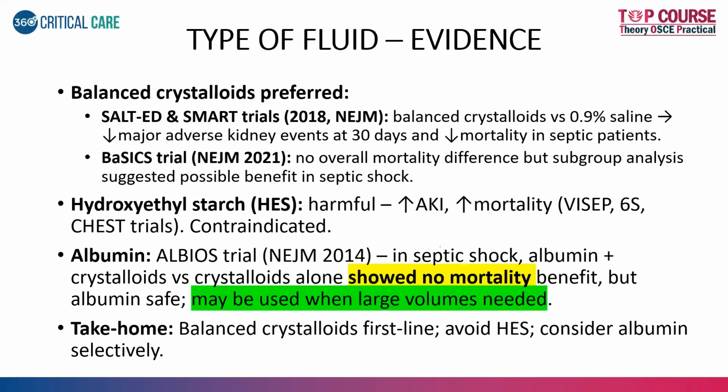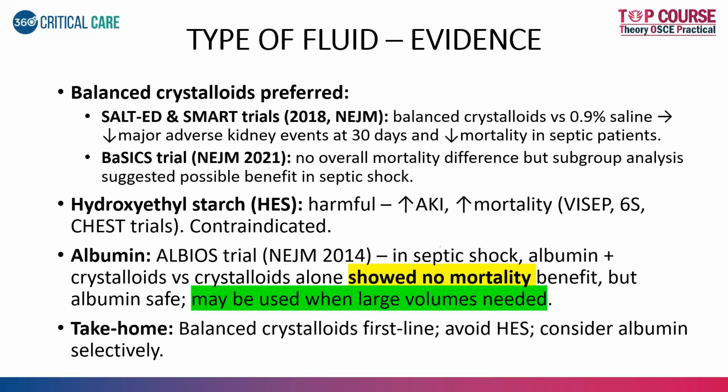So coming to the evidence for type of fluid, what is the evidence? Your SALT-ED, your SMART trials, your BASICS trials, they did not come to an understanding on whether balanced crystalloids over 0.9% saline is superior or not. The only thing they came to a consensus on was the incidence of MAKE30 and MAKE90, that is, major adverse kidney events.